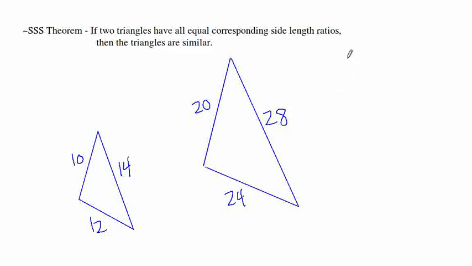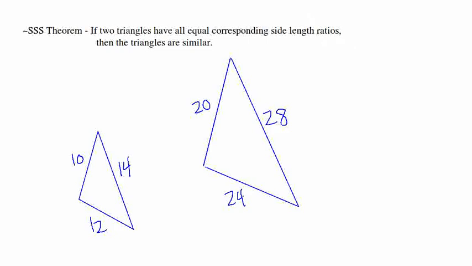All right, suppose you had these two triangles and you knew all the side lengths, but you didn't know anything about the angles. And you wanted to know if these two triangles were similar. All right, so you might think that you need to measure the angles in order to establish whether they're similar or not. But according to the SSS theorem, you just need to analyze the corresponding side length ratios.